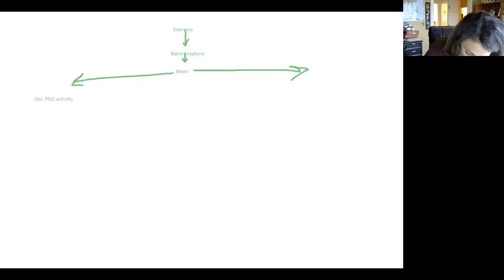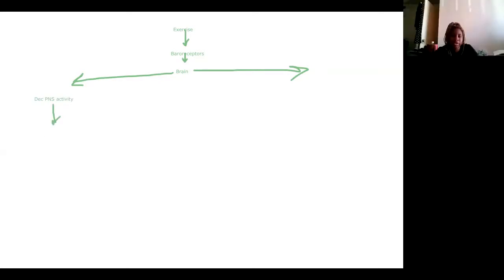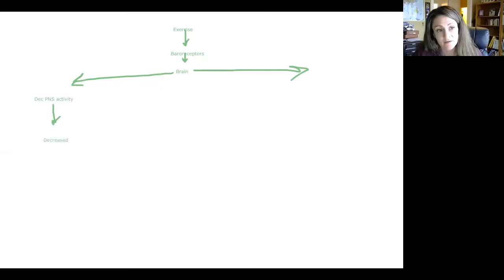Okay, that decreased parasympathetic nervous system activity is going to cause what? An increase in heart rate? Not yet. Decreased vagal tone. Vagal tone is going to then act on what?